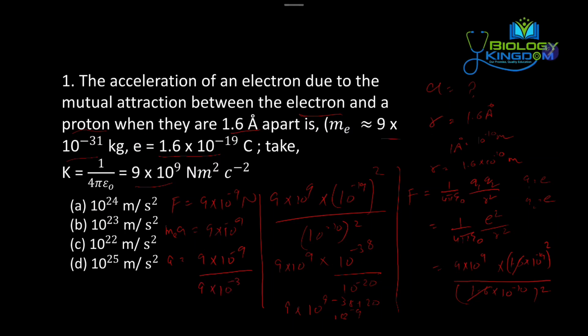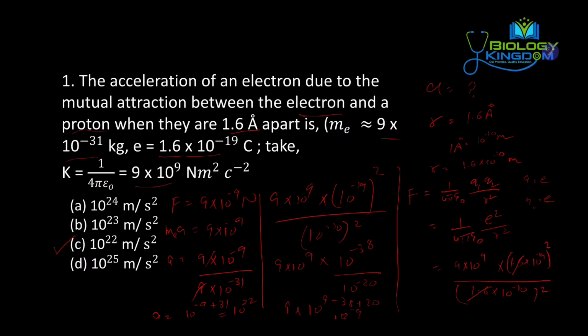So we'll put the value here. 9 and 9 will get cancelled, and the value of acceleration will be 10 to the power minus 9 plus 31. So that will be 10 raised to power 22. So you can see the option C here is the right answer for the acceleration.